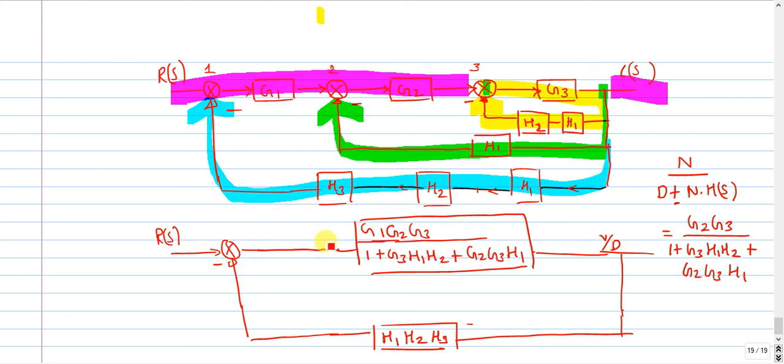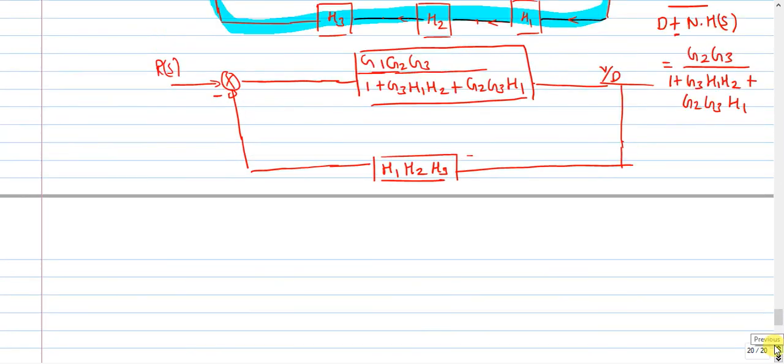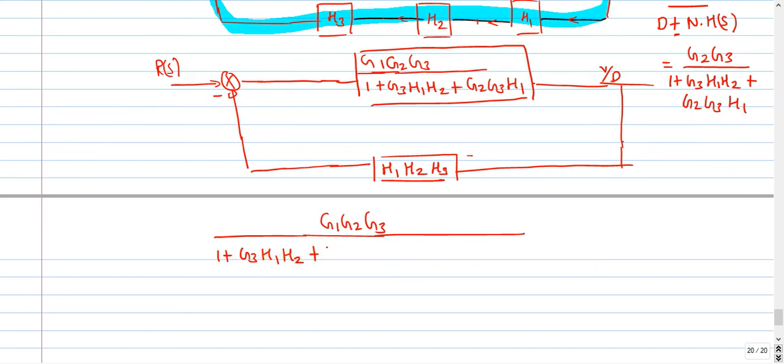And finally I have G of s in forward path, H of s in feedback, and one summing point and one takeoff point. So finally you can reduce the same. So follow the same formula. I will write the numerator G1, G2, G3 whole divided by, again the denominator portion, that is 1 plus G3 H1 H2 plus G2 G3 H1.